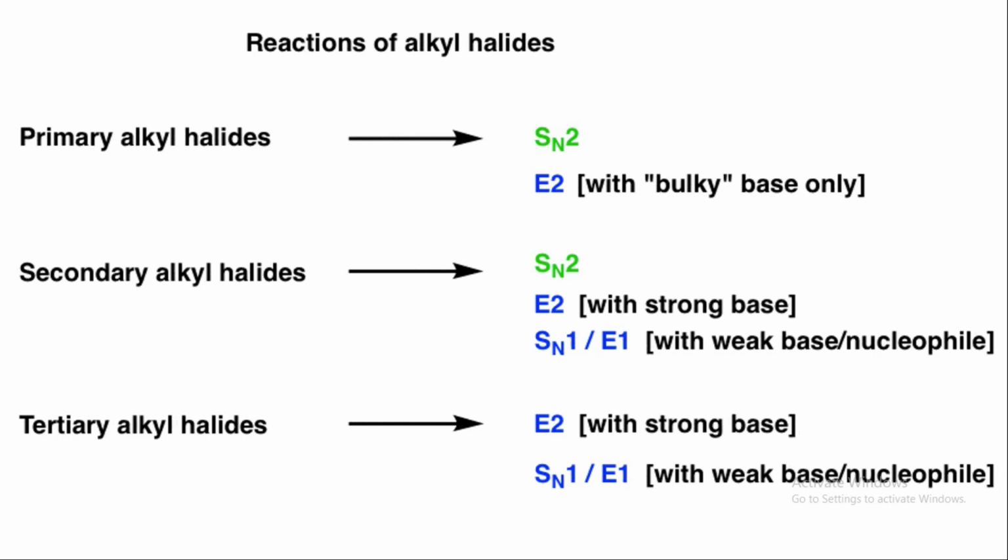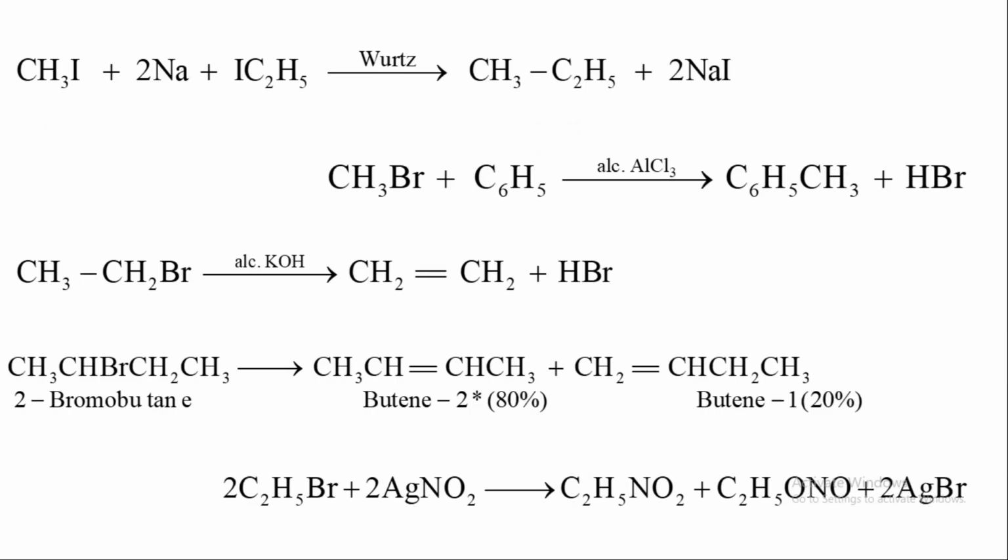But if the base or nucleophile is weak, then it will go for SN1 or even E1 reaction. In tertiary alkyl halides, if a strong base is present, then definitely it will go for the E2 reaction. And if the base is weak, then it will go for SN1 or even E1 reaction as per the condition of substitution or elimination. Now, let us see a few reactions.